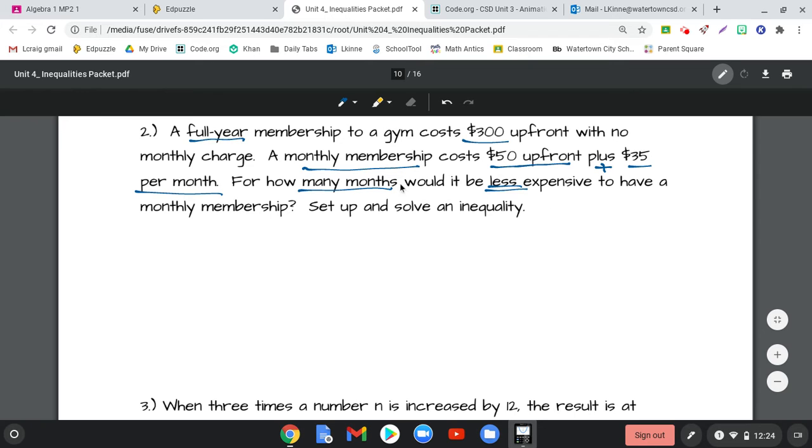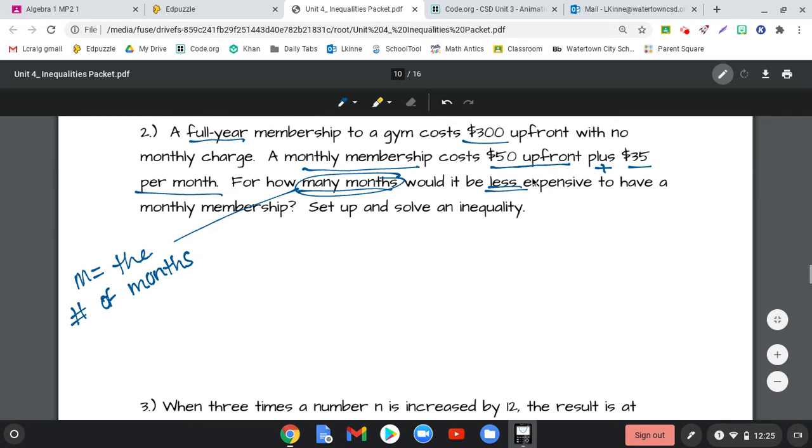Well, first of all, it says how many months. So that's where I'm going to begin. I'm just going to use m. So m equals the number of months. Define your variable. All right, so it wants to know when it would be less expensive to have a monthly membership.